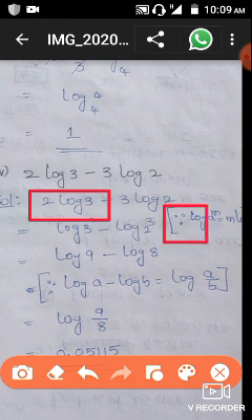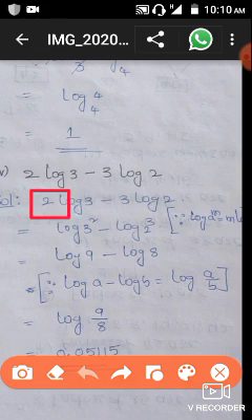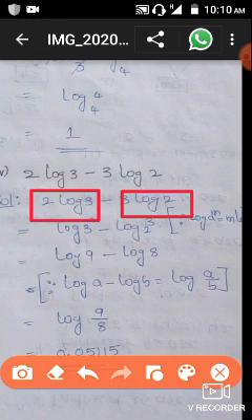According to this formula, here not appearing completely, so just recall, just remember that log a power m equals m into log a. Here this term and this term are in the form of m into log a. So the right side term in the formula, RHS, is given.